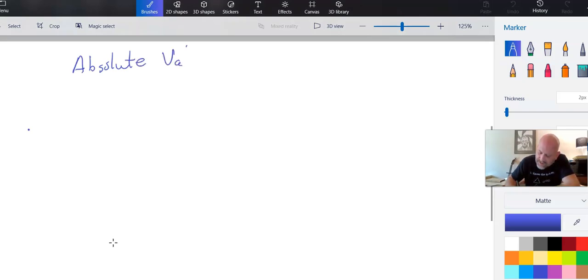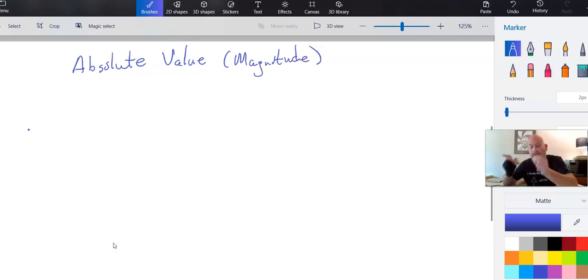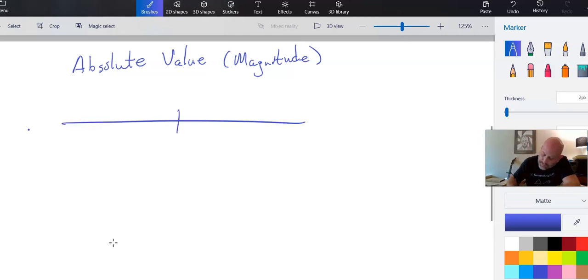The absolute value of something is sometimes called its magnitude. But what it really is, is how far away the number is from zero, represented as a positive number. So if I'm looking at 2, the distance from 0 is 2 units.